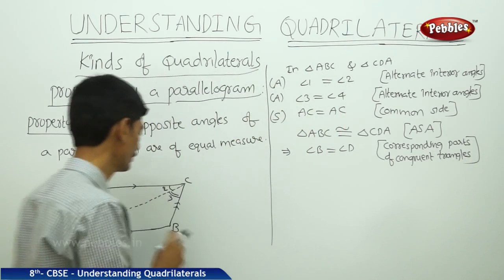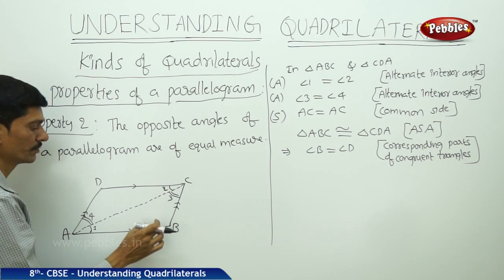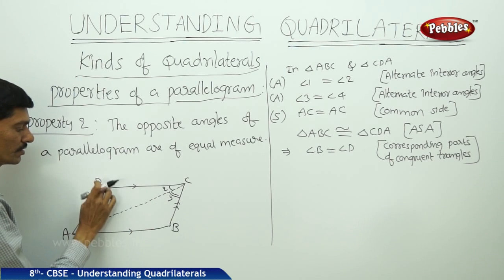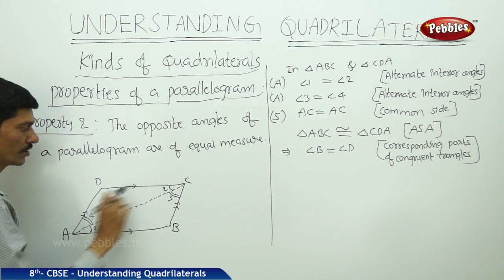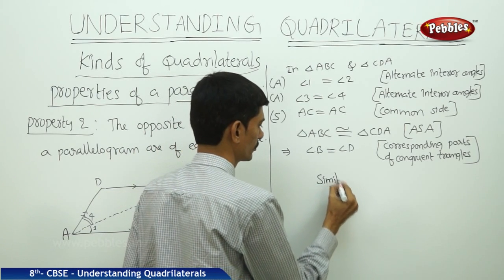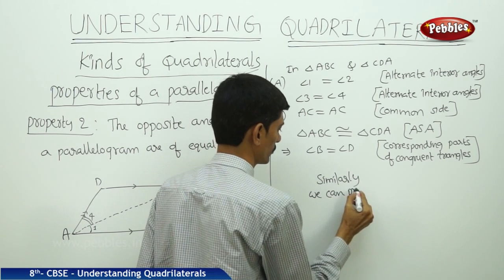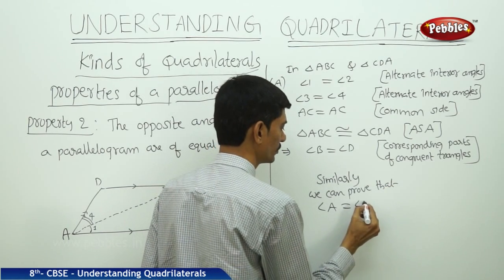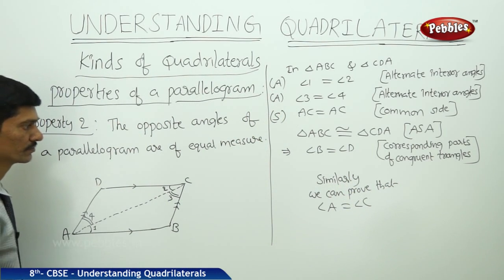So here we got that a pair of opposite angles are equal. So by joining the diagonal AC, we got angle B equals to angle D. So similarly, by joining the diagonal BD, by joining B and D vertices, we can prove that angle A equals to angle C. So this is obtained by joining the diagonal BD.